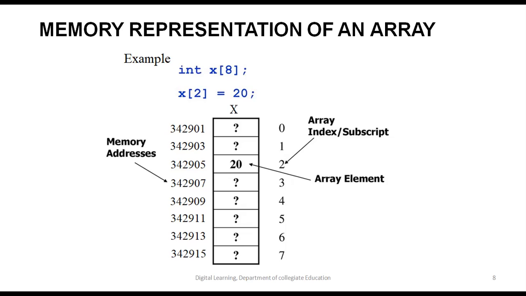If it was a float, it would have reserved 8 into 4, which is equal to 32 bytes. In the diagram, we see that x[2] is equal to 20, which means the value 20 will be stored in the third location in the list, as the array index always starts from 0.